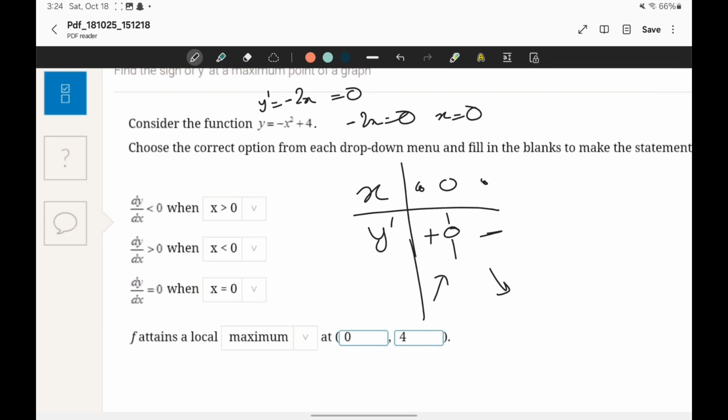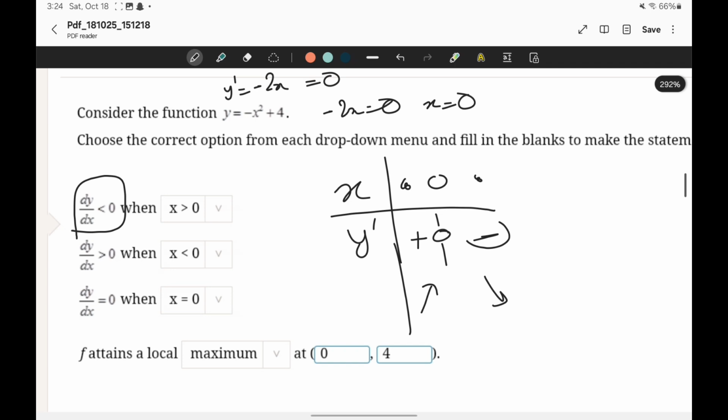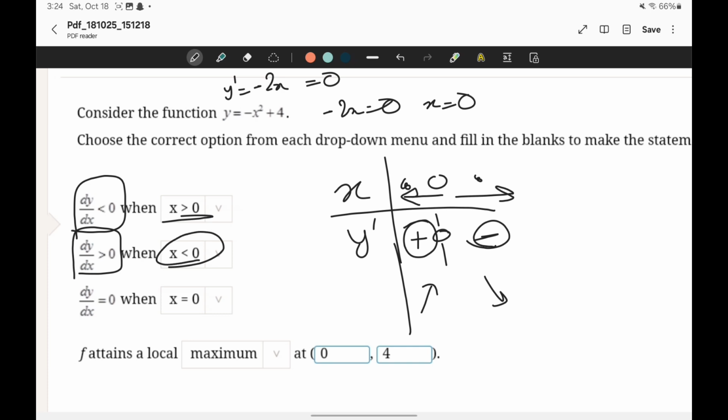Okay. So this first part, they're asking when the derivative is negative. So we look, when do we have a negative? When x is greater than 0. So we say that. And the next part is when it's positive. So you look at the positive sign. It's when x is less than 0. So we write that. And equals to 0, we just give them whatever value we got. Okay.